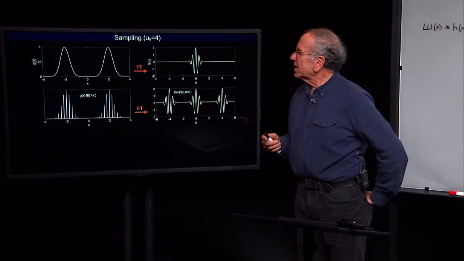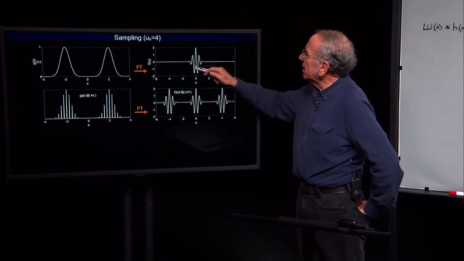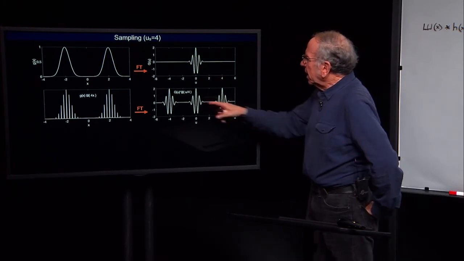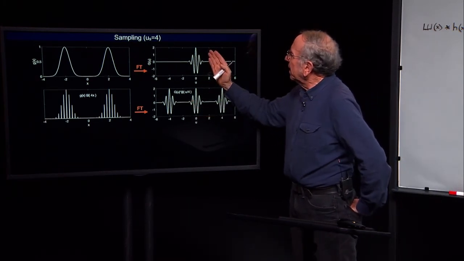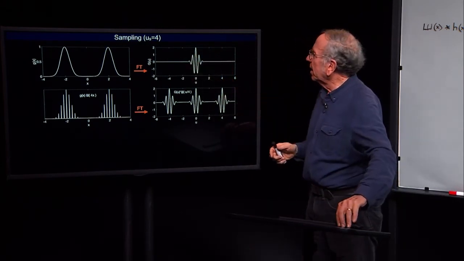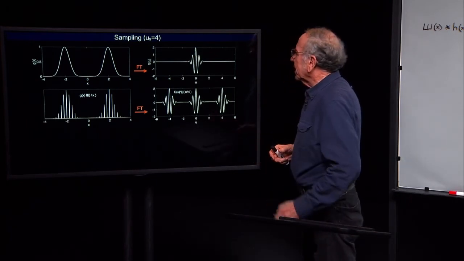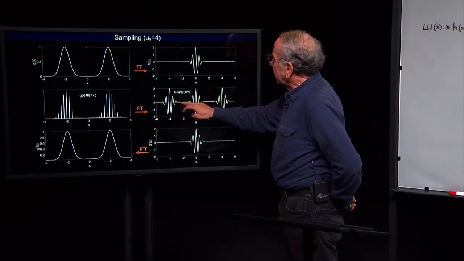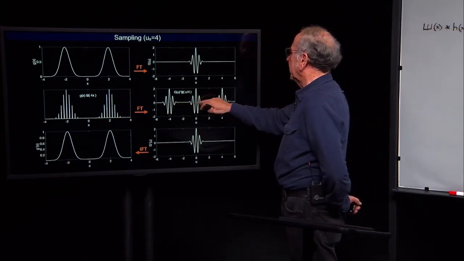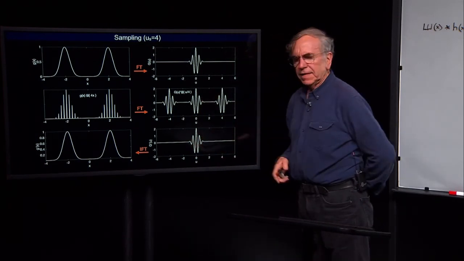Now, what's really interesting here is that we have these repeating copies of our original g of u, and if the g of u is completely contained in a particular region of the u-axis, then I can do a trick. The trick is this: I just set to 0 all of the extra copies of g of u, so that I have only 1 copy of g of u in the center.